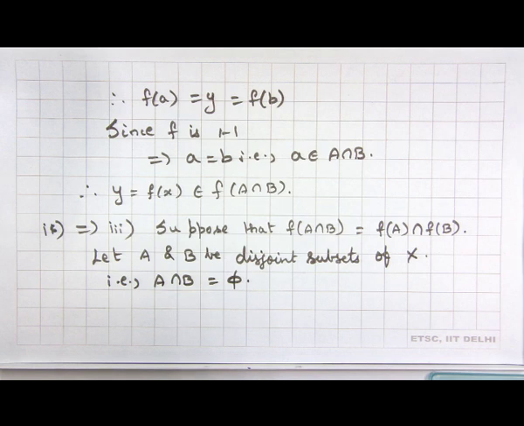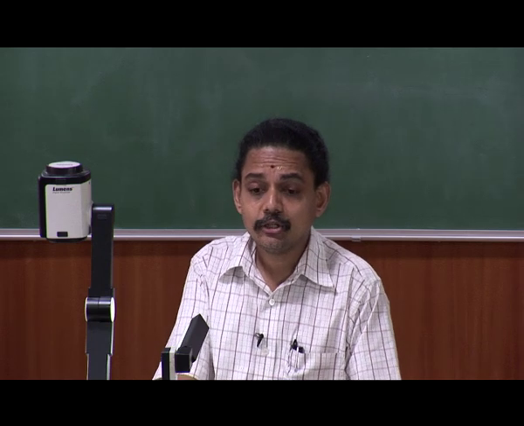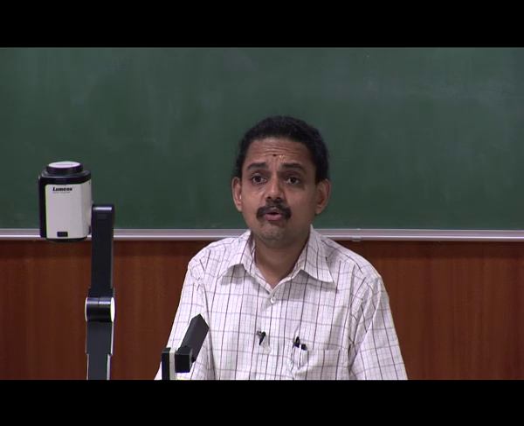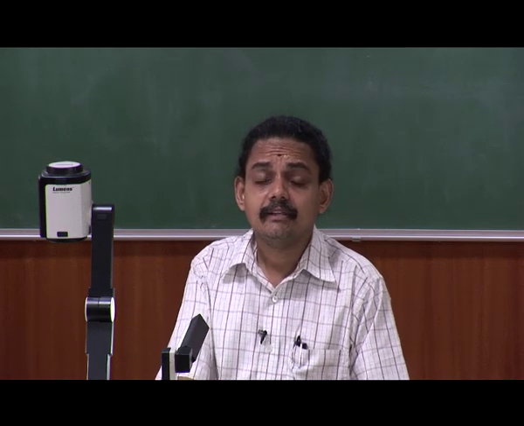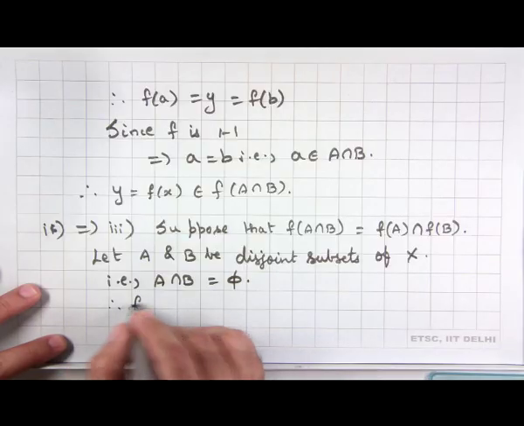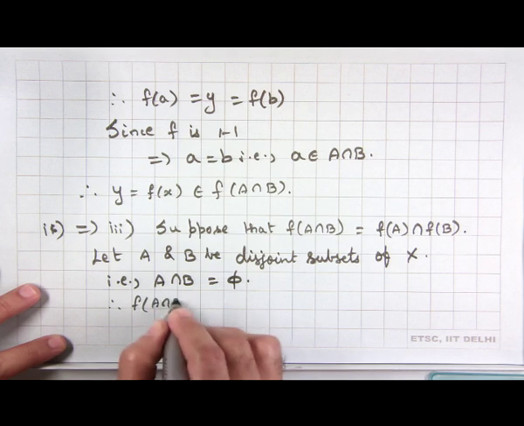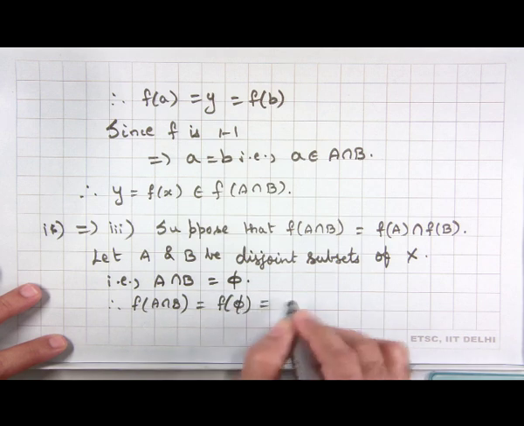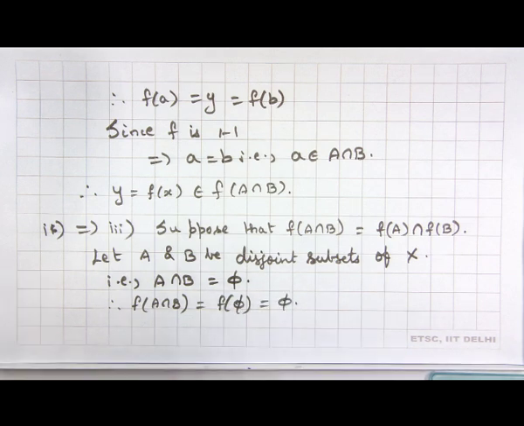Now, the way we have defined a function, it is a function from a non-empty set X to a non-empty set Y. So, by convention what we always choose is that the image of an empty set is empty. Therefore, f of A intersection B, which is going to be f of empty, is just an empty set.